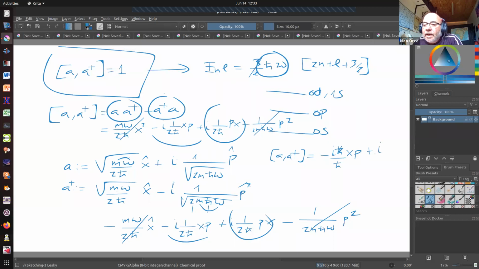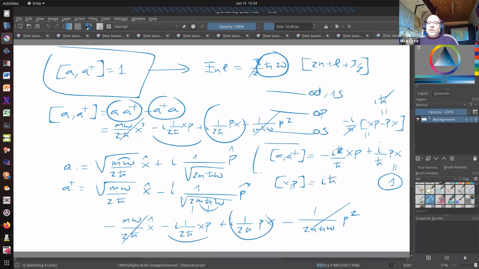Plus i over 2h bar px, right? And now we know that the commutator of x and p from Heisenberg's uncertainty principle is i h bar. So then this becomes minus i over 2h bar times xp minus px, and this is equal to i h bar, which this whole thing becomes i h bar, h bar and h bar cancel each other here. i and i squared with the minus is equal to 1, right?